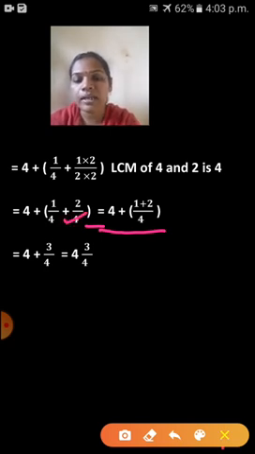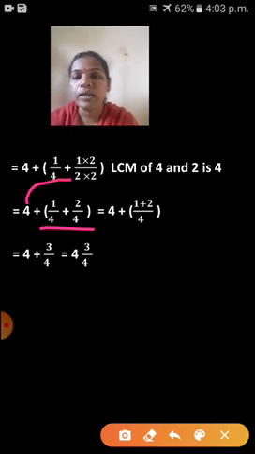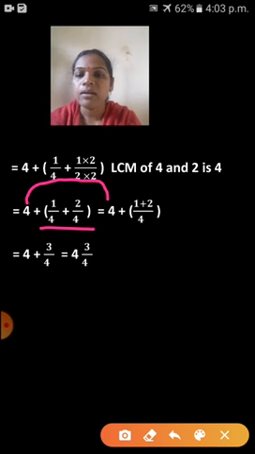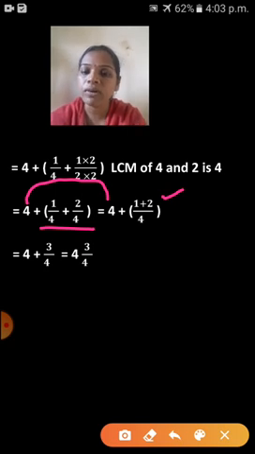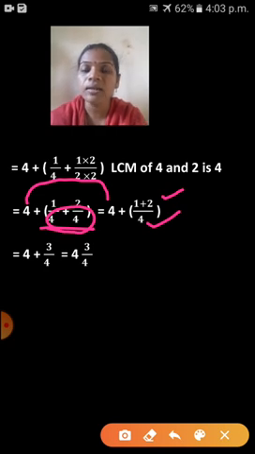Here it is a like fraction. So 4 you write the same, and for the like fractions you have to add the numerators. That means 1 plus 2. The numerators are 1 and 2, so 1 plus 2 upon the denominator. Since it is a like fraction, you don't change the denominator; you write the same denominator.